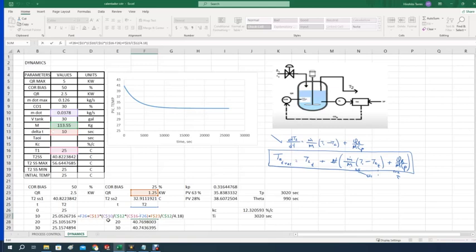Yep, and then the $10. Now check that pretty much everything is fixed except the temperature, including the QR, and this QR is this one here, because it's a fixed value of 1.25. You are running dynamics, so pretty much everything is fixed except the temperature itself, that's what we're looking for.